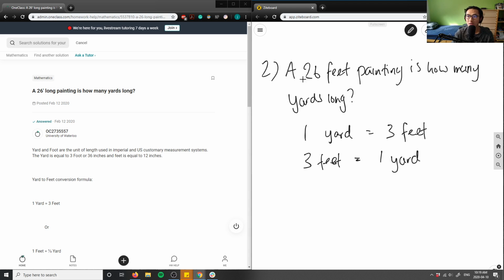I don't know what the plural was. I think I should write foot here. Foot painting is how many yards long? Again, take a minute to look at this problem, and then we're going to walk through the solution together. So we know that our conversion is feet to yards, right? So that's what we're doing here.